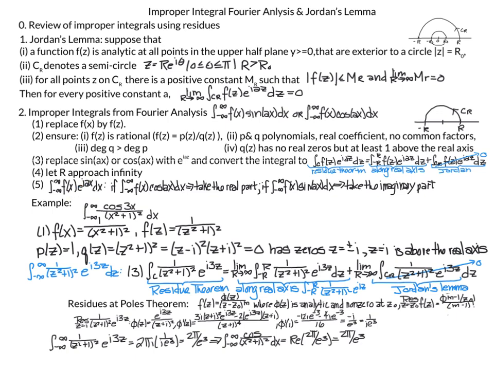Our example is the integral from negative infinity to infinity of cosine of 3x over (x squared plus 1) squared. And we note that this is a function of the real variable x along the real number line, a real valued function. But the first thing we do is extend it to the complex plane, because certainly the real numbers are a subset of the complex numbers.